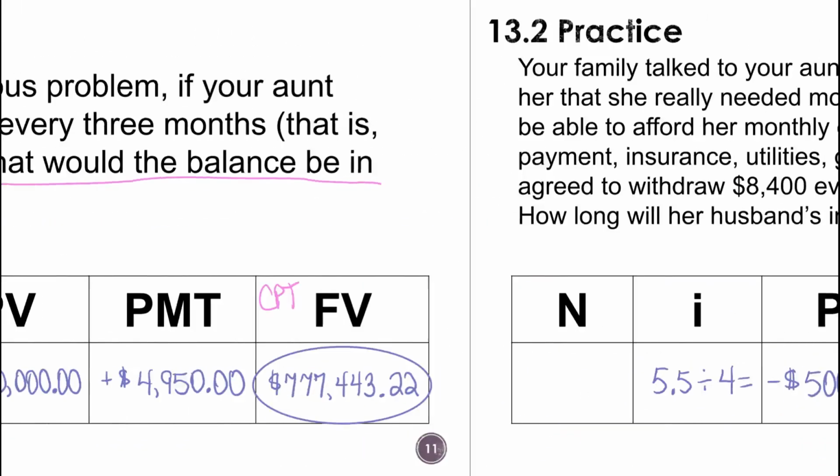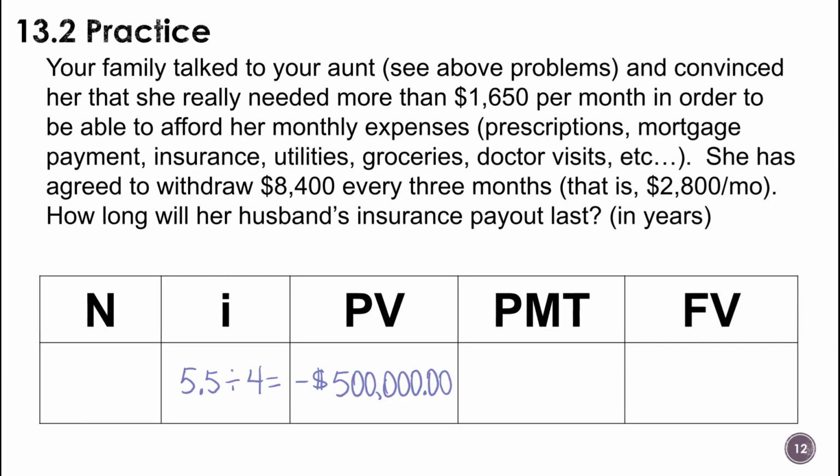We're still working with that same amount. Now she's going to withdraw $8,400 every 3 months, and that's $2,800 a month. Future value will be 0. Okay, so we're going to compute the number of periods.